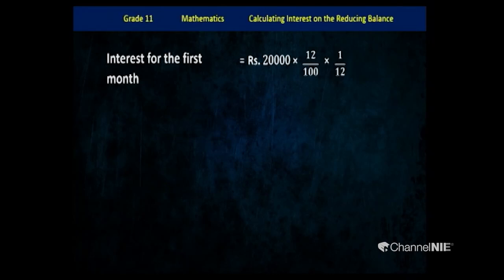Therefore, if you want to convert anything to months, you have to divide it by 12. Then let's simplify. 20,000 divided by 100, the answer is 200. After that, 12 and 12 can be divided. 12 divided by 12, the answer is 1. Then you get the interest for the first month, 200 rupees.